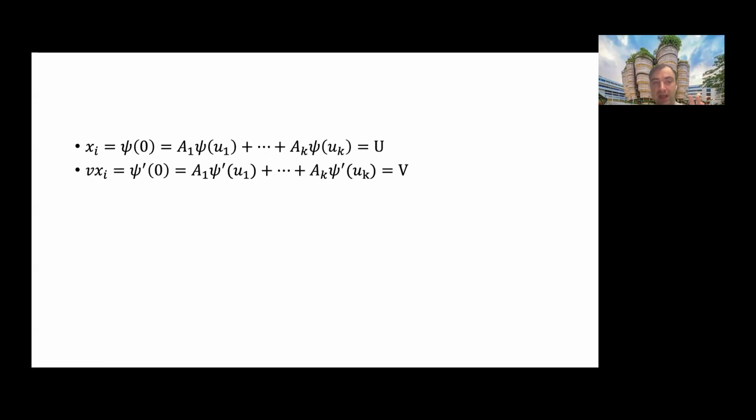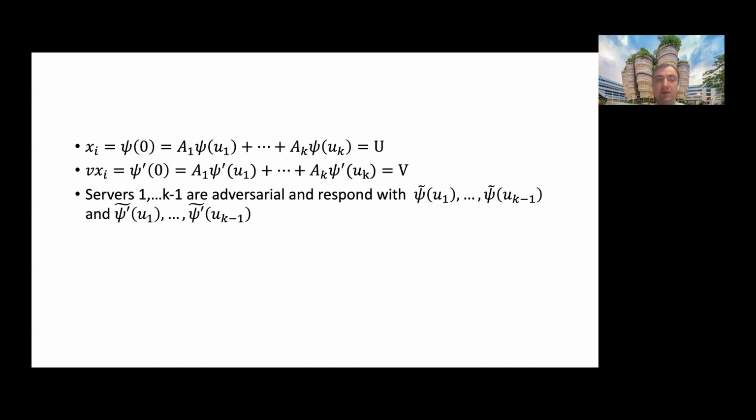So it's a1 times psi in point u1 till ak times psi in point uk. Let us denote it as U big. Also, v small times xi is actually psi prime in point 0. So it's also a linear combination of responses to the second queries from k servers: a1 times psi prime in point u1 till ak times psi prime in point uk, and that is denoted as V big.